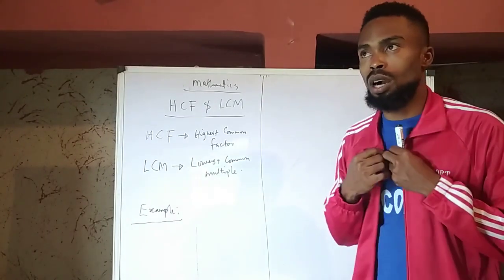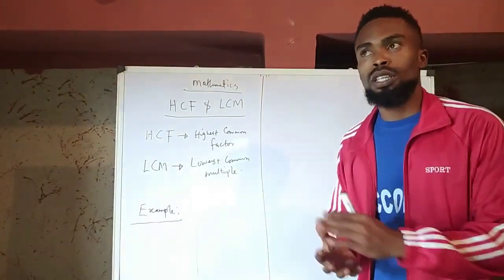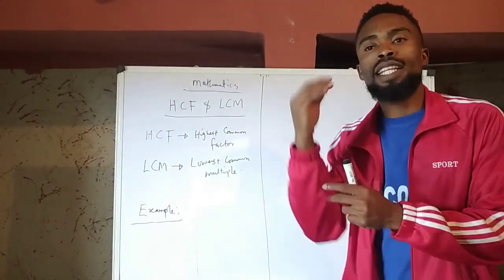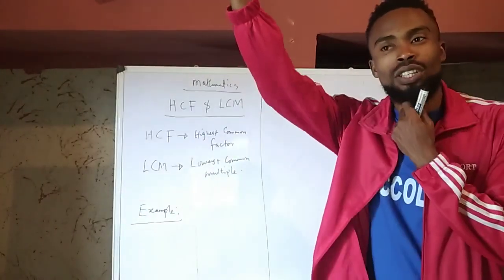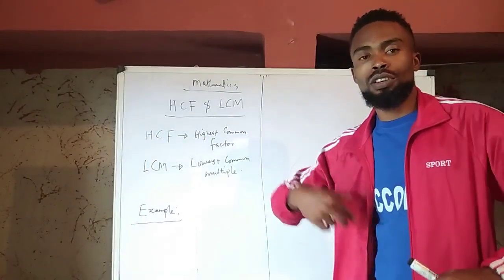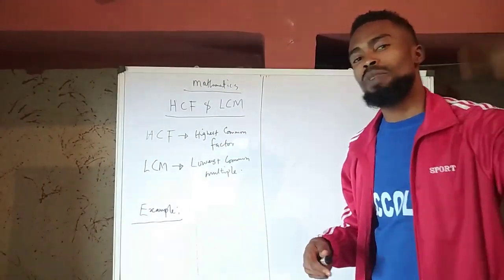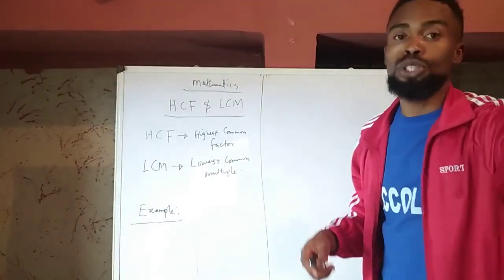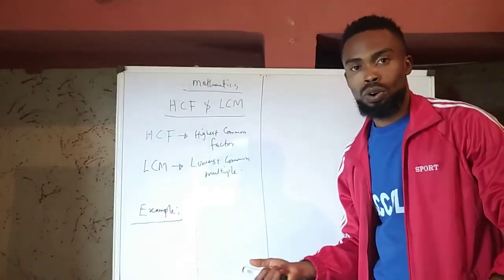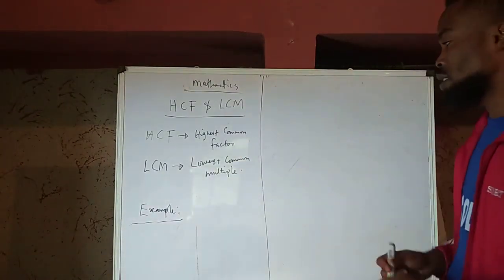So let's say the factors of 4 will be 2 times 2, because 2 when multiplied with another number, which could be 2, will give us 4. I don't know if you get that. Yeah, we did that in the previous lesson.